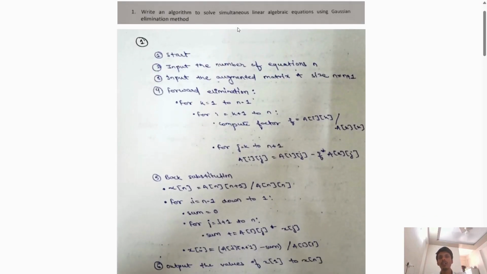And for j equals i plus 1 to n, sum equals sum plus a[i][j] into x[j]. We store x[i] equals a[i][n plus 1] minus sum divided by a[i][i]. We then output the values x1 to xn, that is our answer. So we have solved simultaneous linear algebraic equations using the Gaussian elimination method.